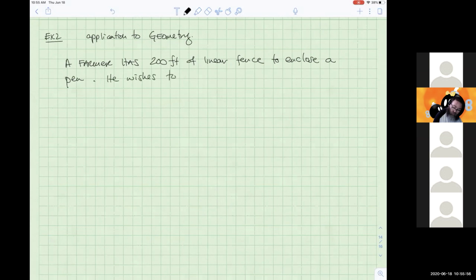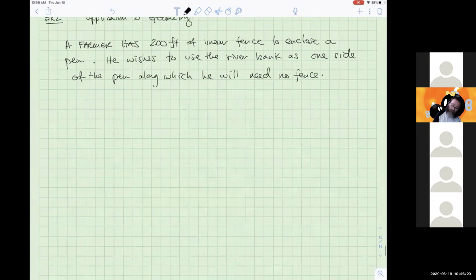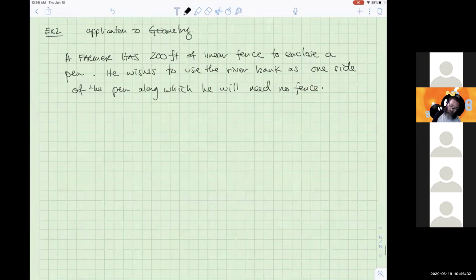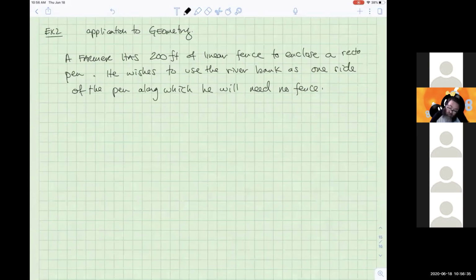He wishes to use the riverbank as one side of the pen along which he will need no fence. I should say enclose a rectangular pen.